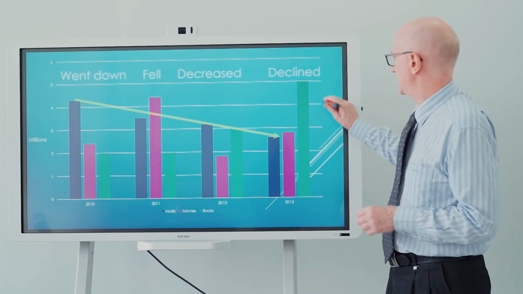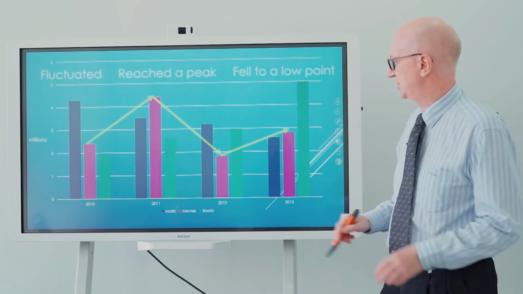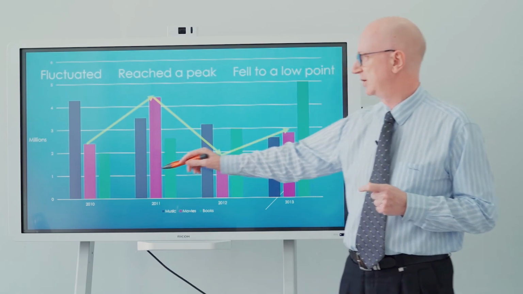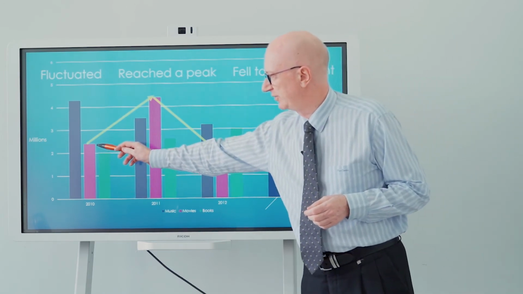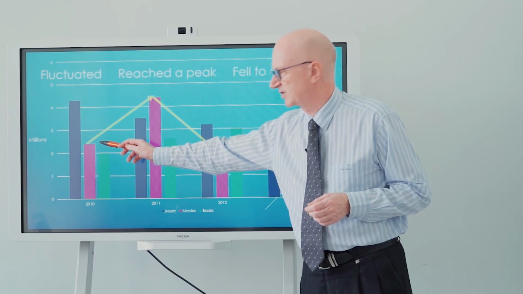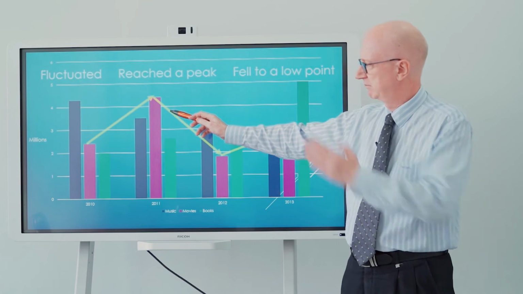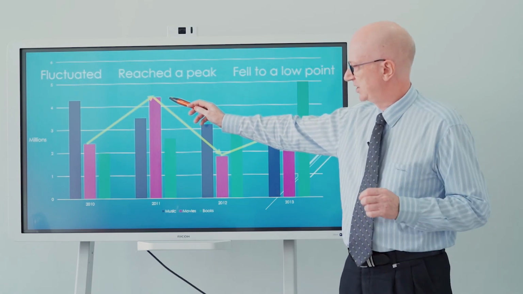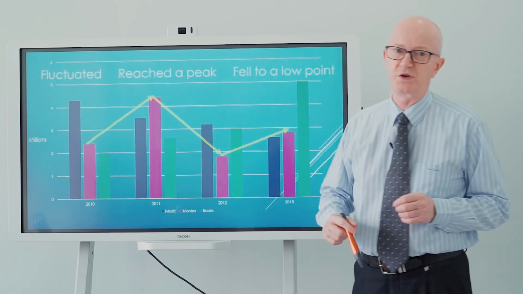Let's move on to our next pattern, which is the pattern of movies. If we look at movies, we can see in 2010, movies were at about 2.3 million. In 2011, they went up to approximately 4.25.